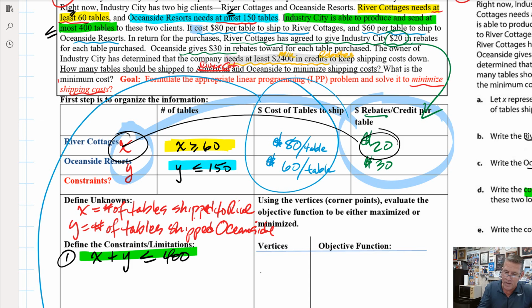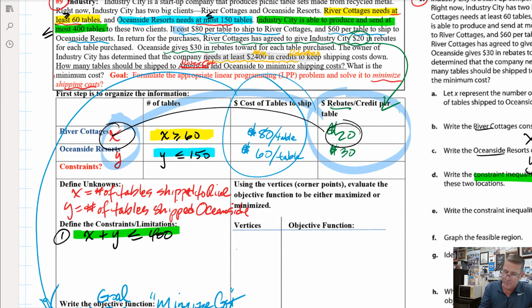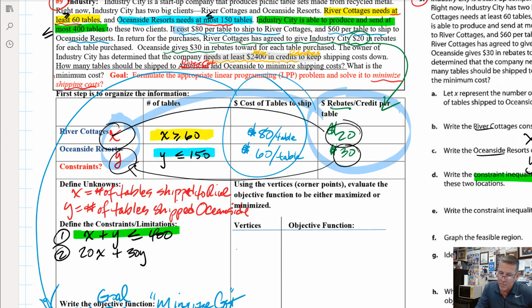So $20 rebate times every one of the ones that are shipped, plus $30 multiplied by Y. So 20 times X plus 30 times Y, that's going to be what? Let's read here. It says it needs at least $2,400 in credits. Look at that. So that's got to be greater than or equal to $2,400.